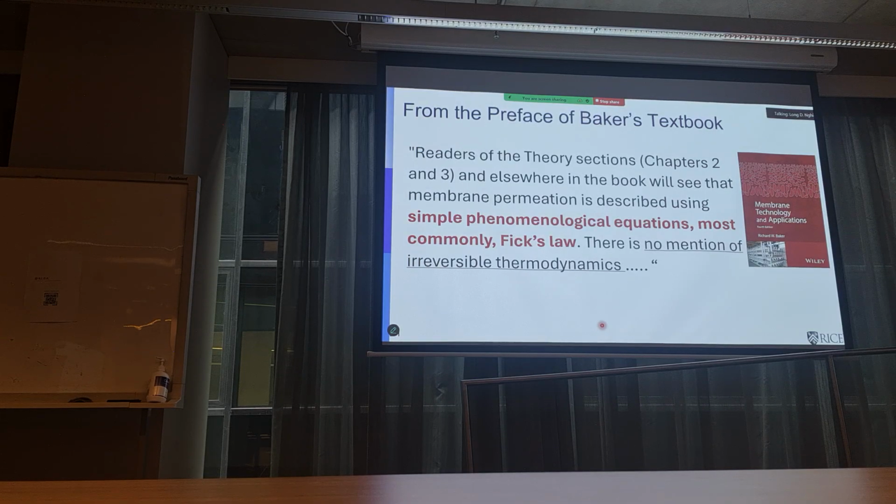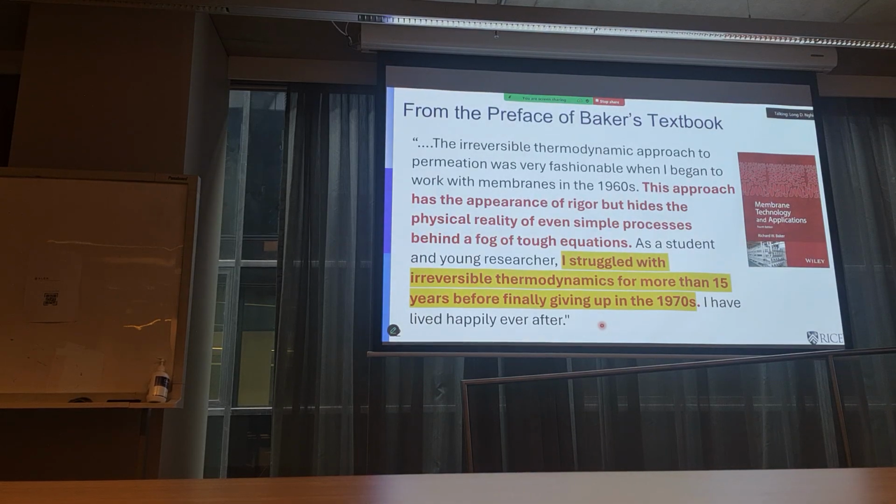In the beginning of the book, in the preface, they say that readers of the theory sections, chapters 2 and 3, and elsewhere in the book will see that membrane permeation is described using simple phenomenological equations, most commonly Fick's law. There is no mention of irreversible thermodynamics or anything more sophisticated. And then how did he explain it, Stephen?